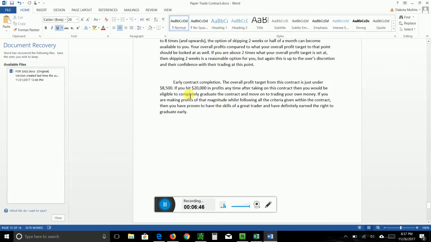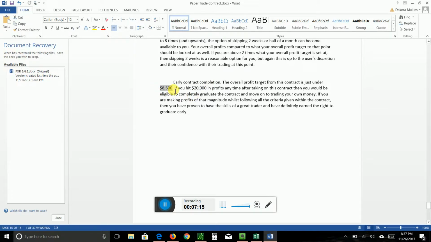And early graduation requires 20,000 in profits anytime under this contract. If you hit 20,000 in profits, you can graduate this contract early and complete it.